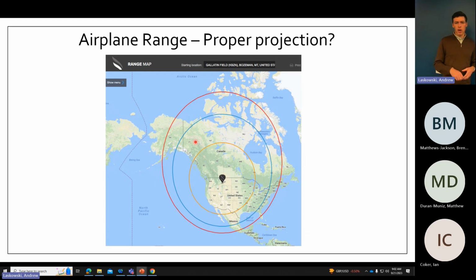Here's an example where travel distances were plotted on top of a Mercator projection. A website called Range Map shows you how far different airplanes can travel on one tank of fuel from any airport in the world. You will notice that the vast majority of web applications and web maps use the default Mercator projection, and it creates these weird ellipses, right?